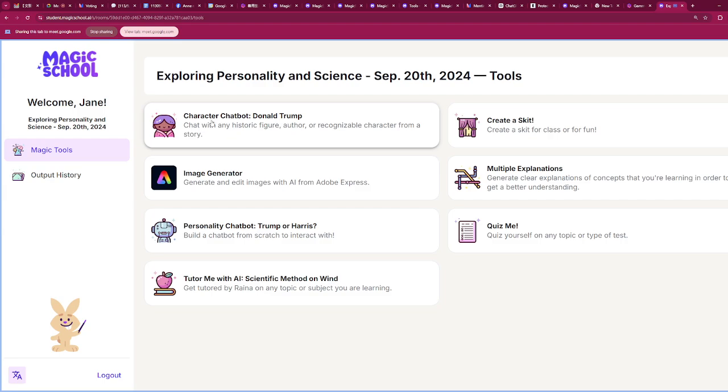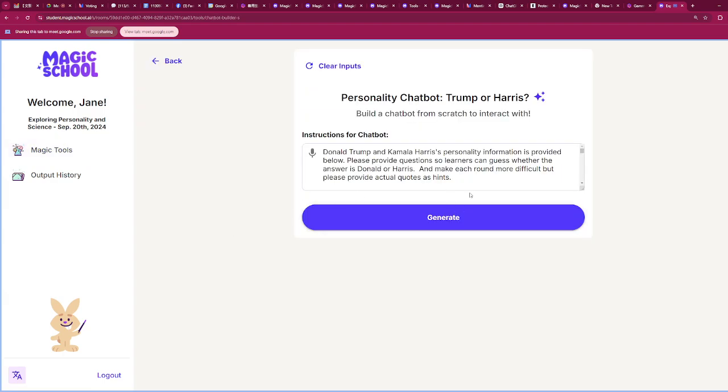So character chatbot, we also tried that out already to recognize a character from a story or from their speech. Personality chatbot, okay, this is personality chatbot we've tried already.